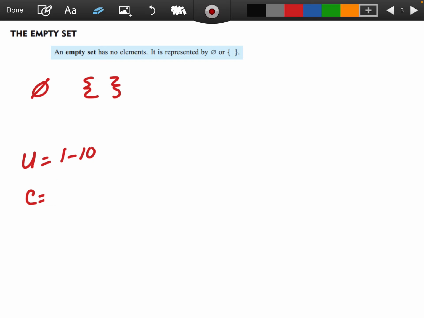Let's imagine that C was odd and even numbers. Well, there's no numbers between 1 and 10 that are both odd and even, so that's an impossibility. I guess the other example could have worked as well. Both impossibilities within the set of U. So those would be considered empty sets in this universal set because there's no element that fits the bill.